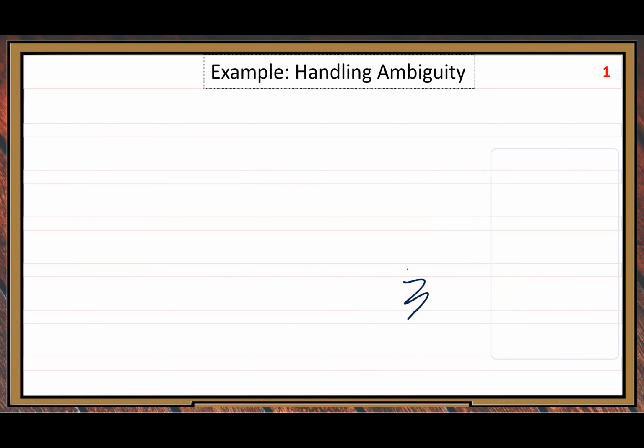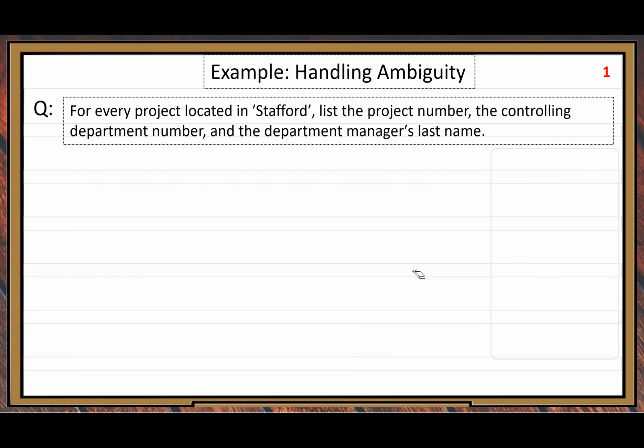All right. Anyway, example, handling ambiguity. Here, I'd like to give you the whole story. Last time only a little bit, this time the whole story. Why ambiguity? First, I need to explain this a little bit. Let's look at this simple query question. I posted that company database right under part A of module 4.